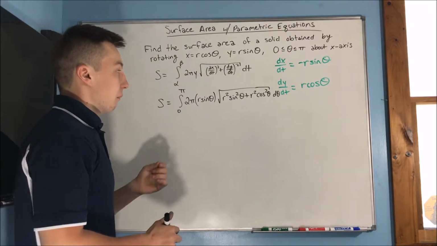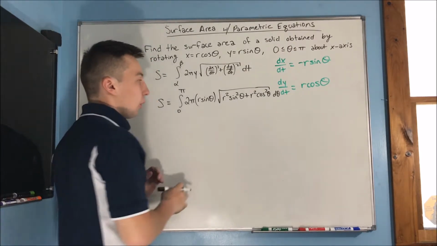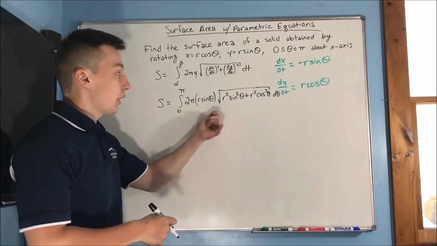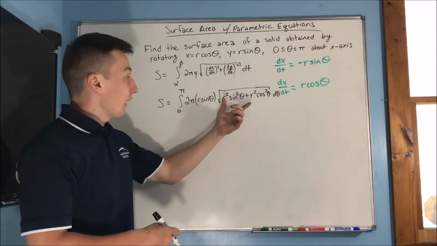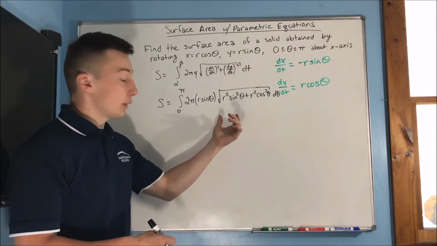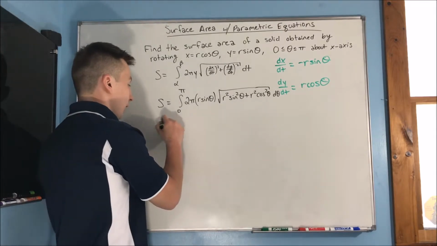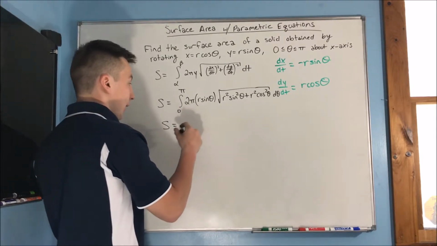Now, what is this whole thing going to be? Well, that's just going to be r. Why? Factor out an r squared here, so you get an r on the outside, and sine squared plus cosine squared is just going to be 1. So really what we get here, we can pull out this 2 pi.